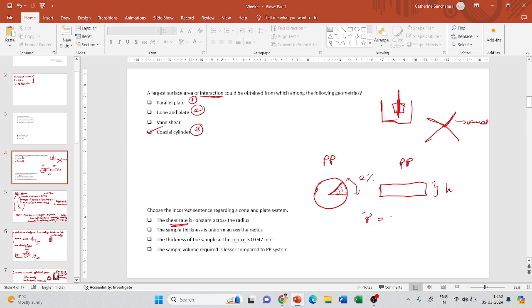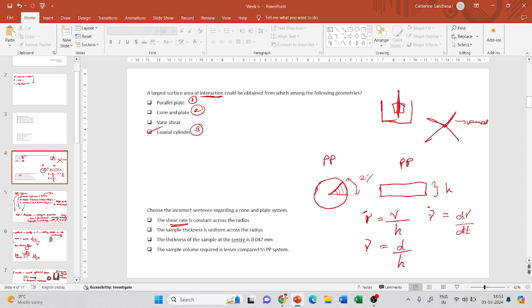Shear rate is velocity divided by height, the velocity gradient, right? And what is strain? Strain is the deflection divided by height, right? Now what is the relation between strain and strain rate? Strain rate is the rate of change of strain, correct?